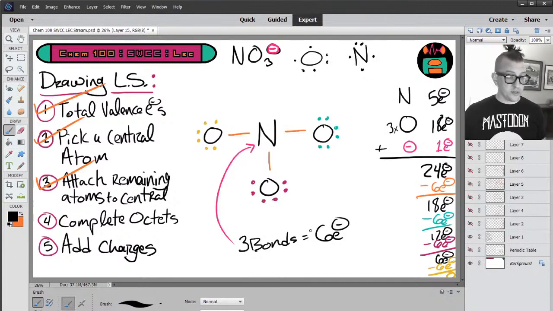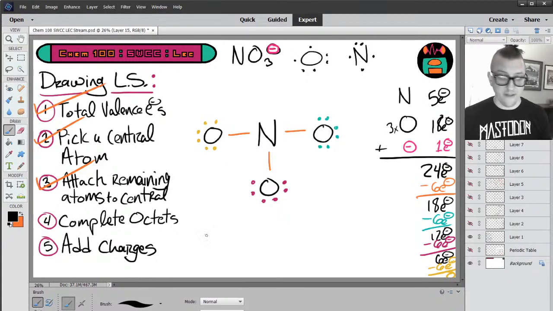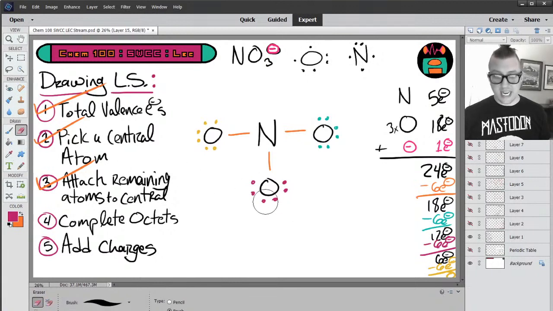What do you do when you're down 2 electrons? You make a double bond. So we're going to take a lone pair. For many oxygen, it does not matter which one you pick. You could do yellow, violet, or green. I'm going to do violet. I have no idea why. We take a lone pair off of one of our oxygens, any one of our oxygens.